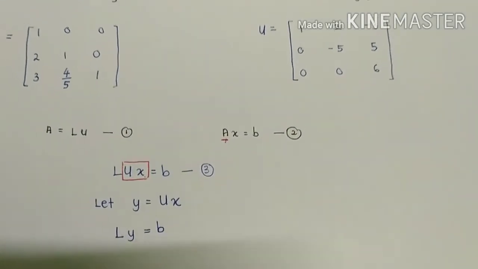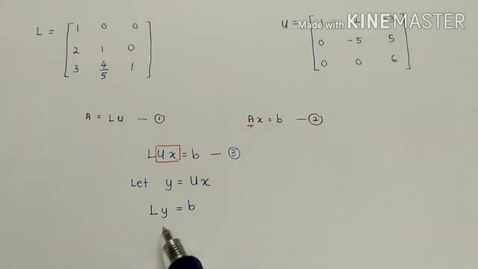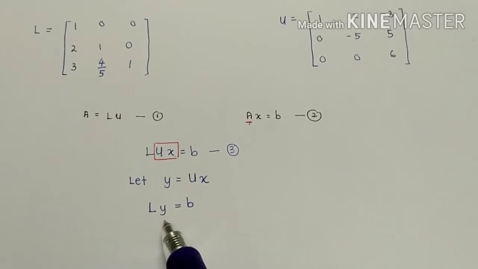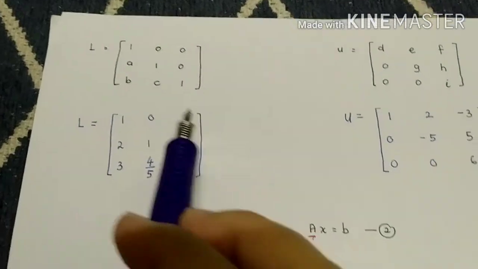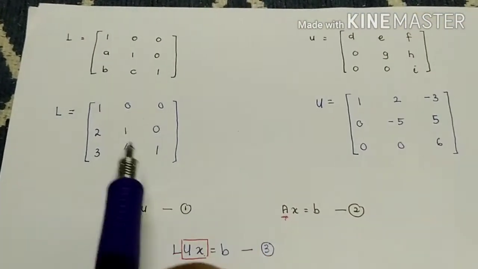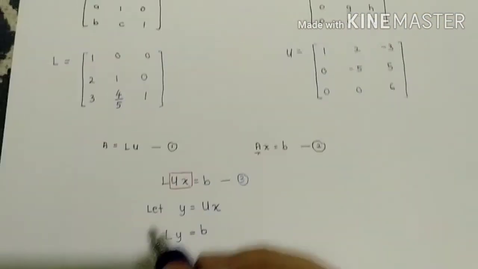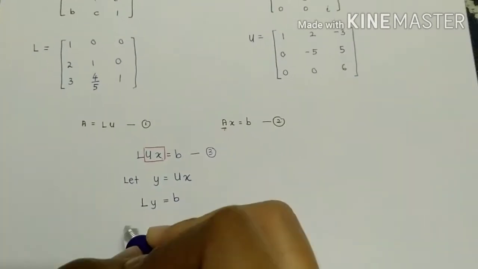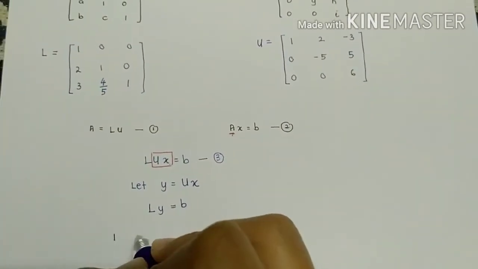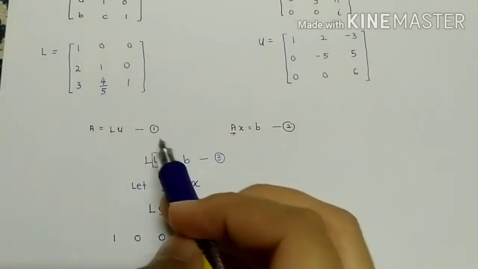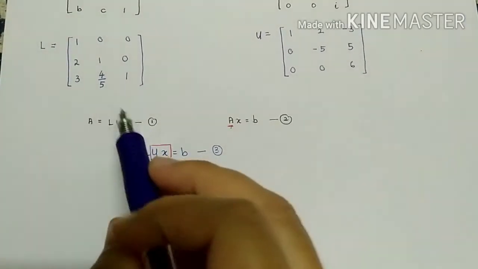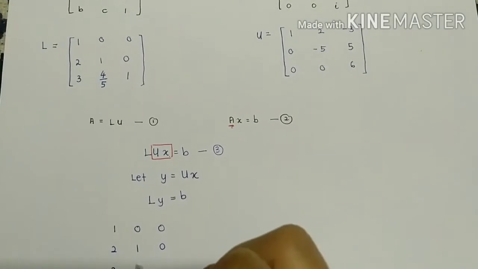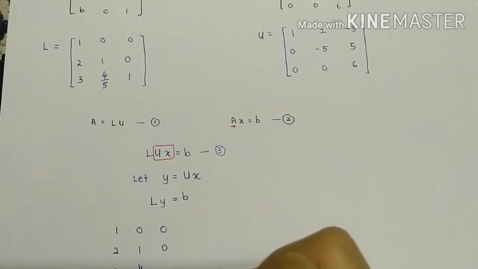Now we must find matrix Y. L is the matrix that we got just now: 1, 0, 0, 2, 1, 0, and 3, 4 over 5, 1.